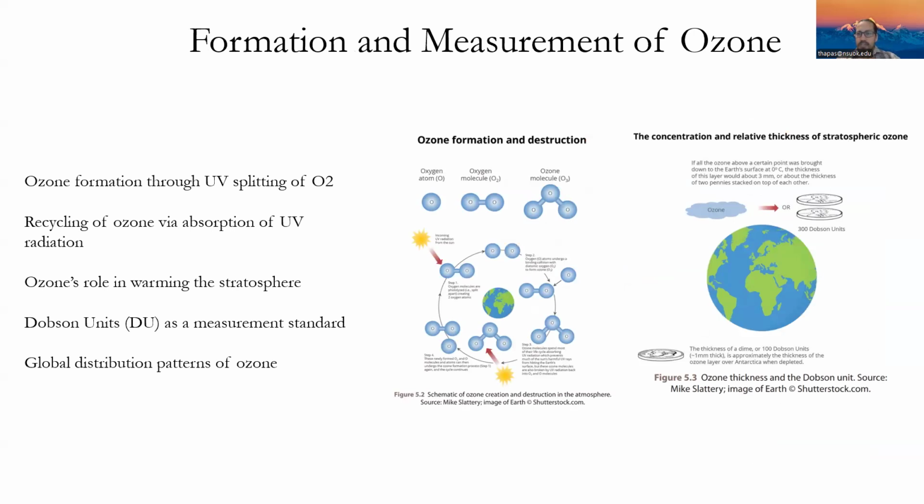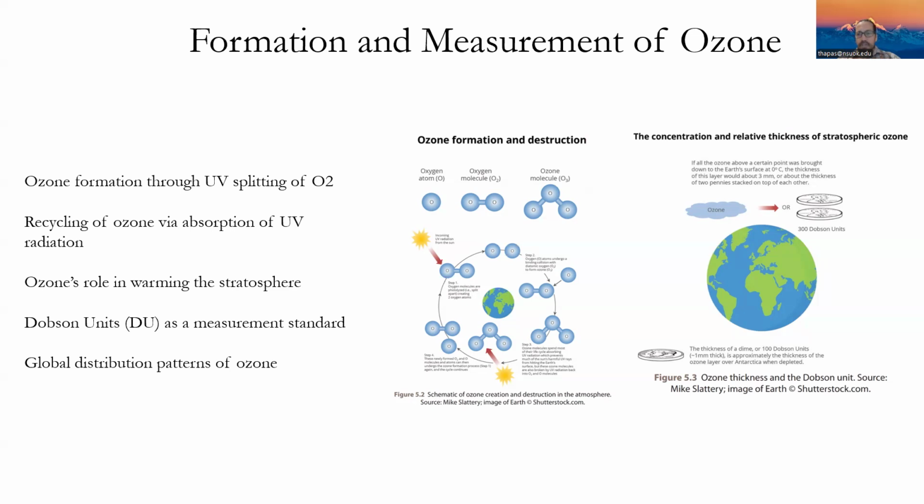Ozone forms naturally in the stratosphere when ultraviolet radiation splits oxygen molecules, allowing atoms to recombine into ozone. This is an ongoing cycle that both absorbs harmful ultraviolet radiation and helps warm the stratosphere, as you can see in the first figure.